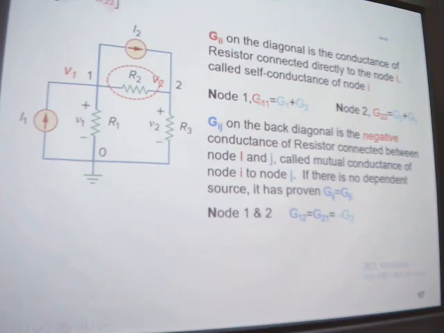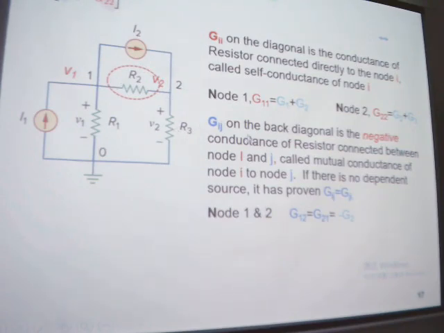For node 1, where is G11? Here, this is our node 1. Our G11 is equal to all of the conductances connected to it, which is G1 plus G2. And for node 2, it's equal to G2 plus G3.